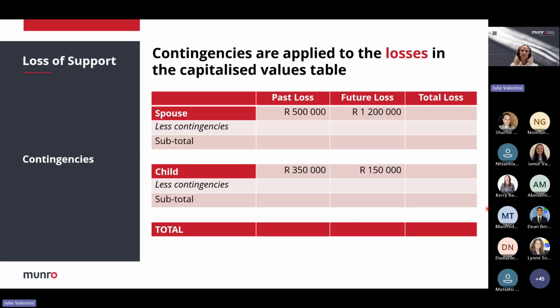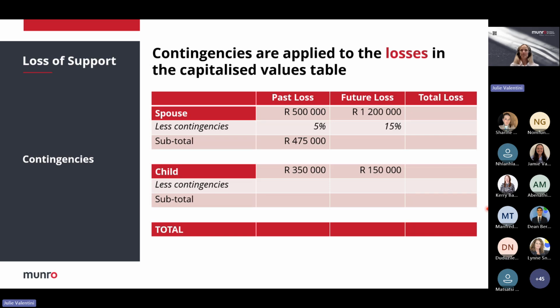Okay, and the way the contingencies affect the table and the losses here, I used just some examples of a spouse and a child, and I put some dummy losses in there. If we applied the standard contingencies for a spouse in the past, it's 5%. We just take 5% of 500,000 and deduct it from the 500,000, which gives you the post-contingency loss. And then the same for the future.